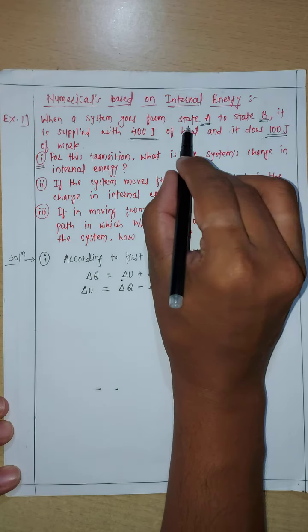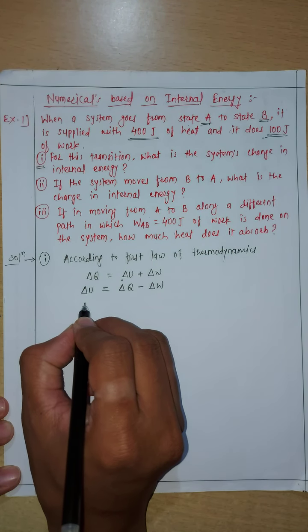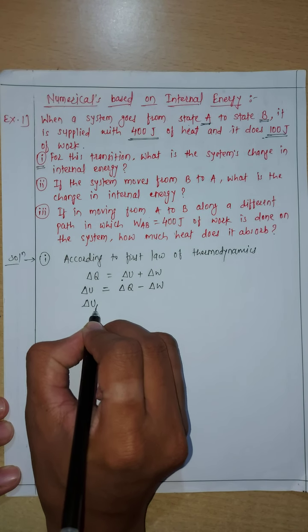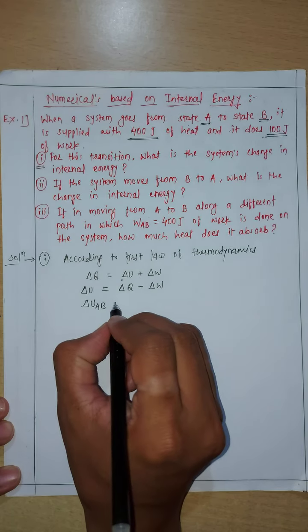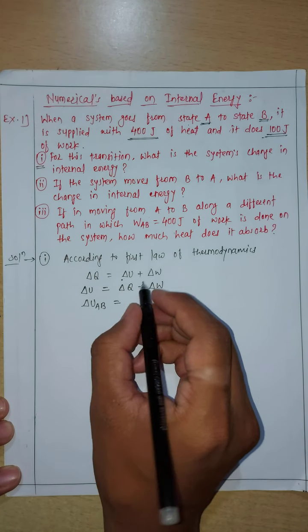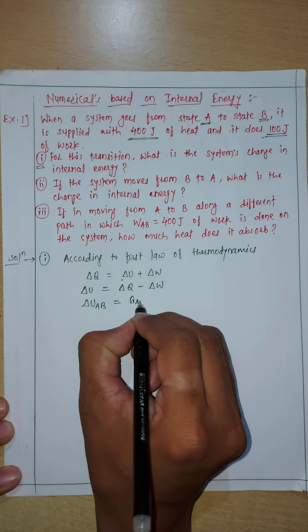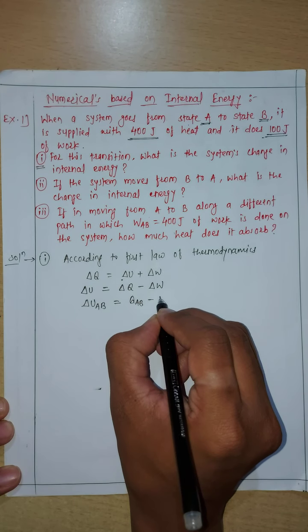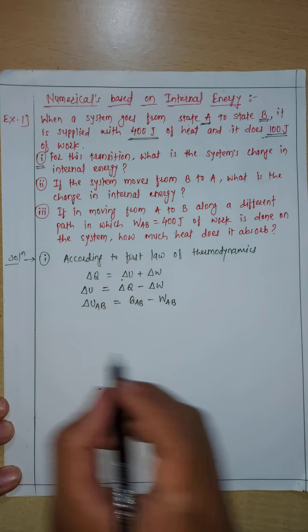There is a change in state from A to B, so we have to get the change in internal energy for the system going from A to B. We can write UAB equals the amount of heat QAB minus the work WAB.